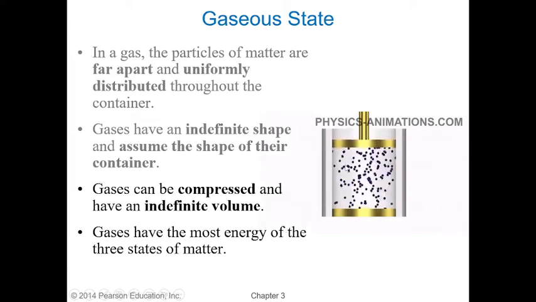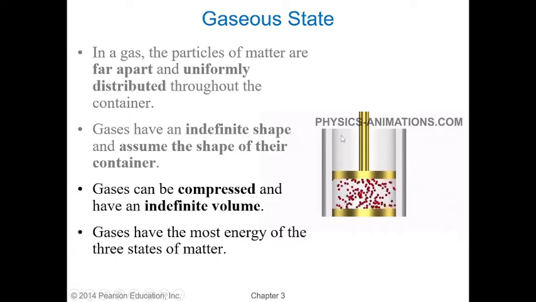On the other hand, your gases can be compressed. As you can see here, this is a piston. Imagine there's air inside and you apply force. In that way, the air inside the piston becomes compressed. And that means your gases have an indefinite volume because of the changes.